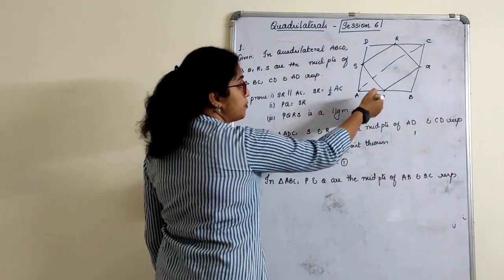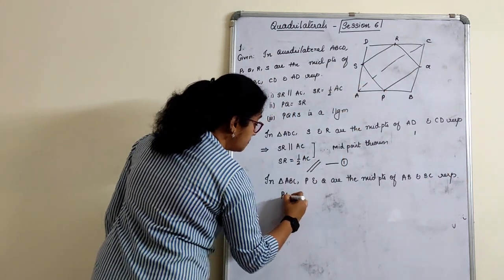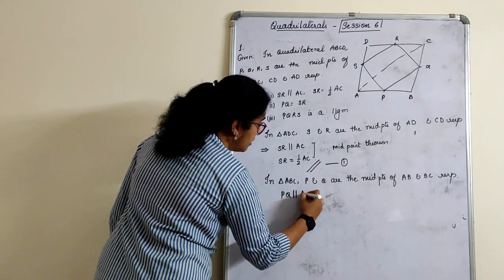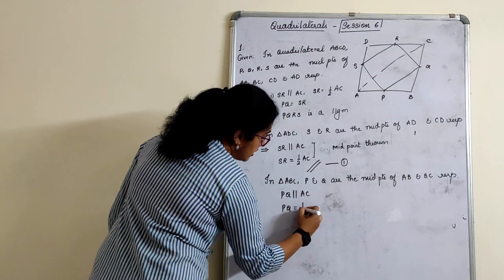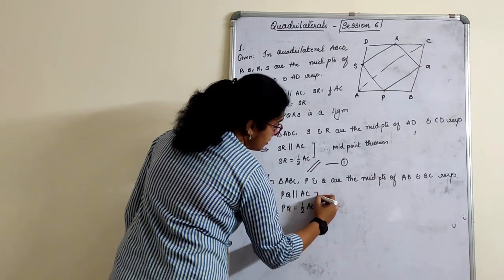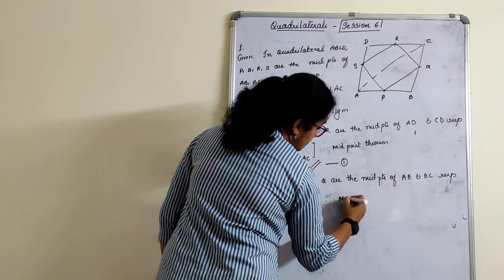Since they are the midpoints, can I tell PQ is parallel to AC and PQ is half AC? Reason? Midpoint theorem.